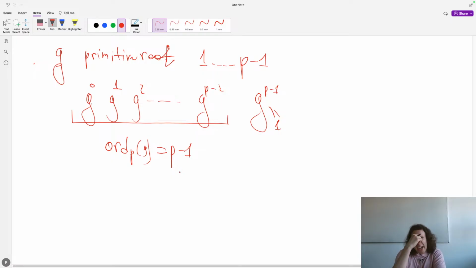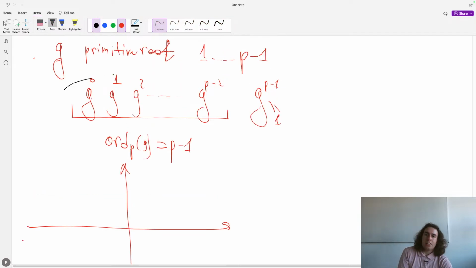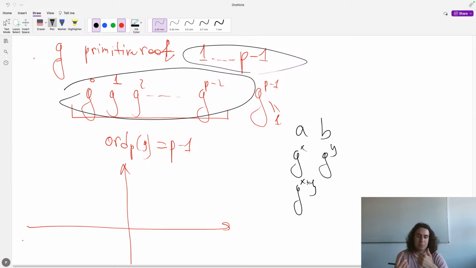And this is very similar to what we were talking about with complex numbers. Now you can see that all these numbers are from 1 to p minus 1. If you multiply two numbers a and b, they can be expressed as g to the x and g to the y, and then their product is g to the x plus y.